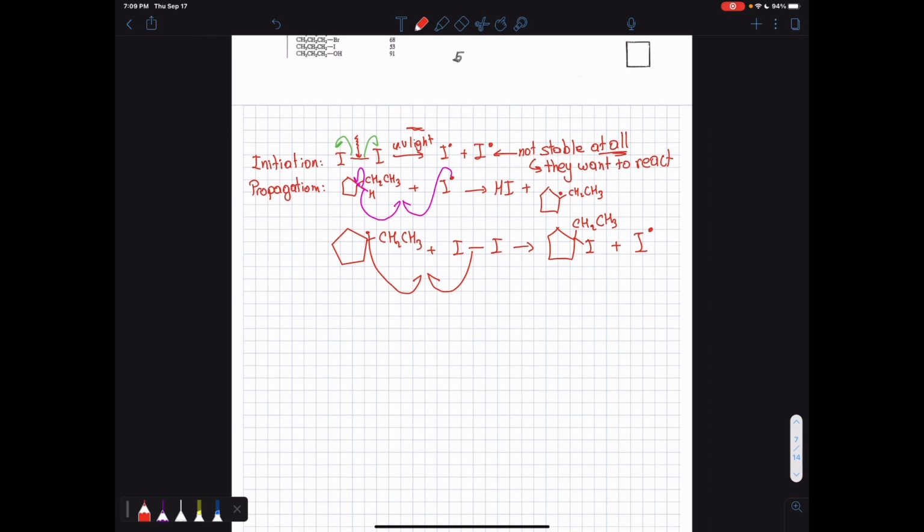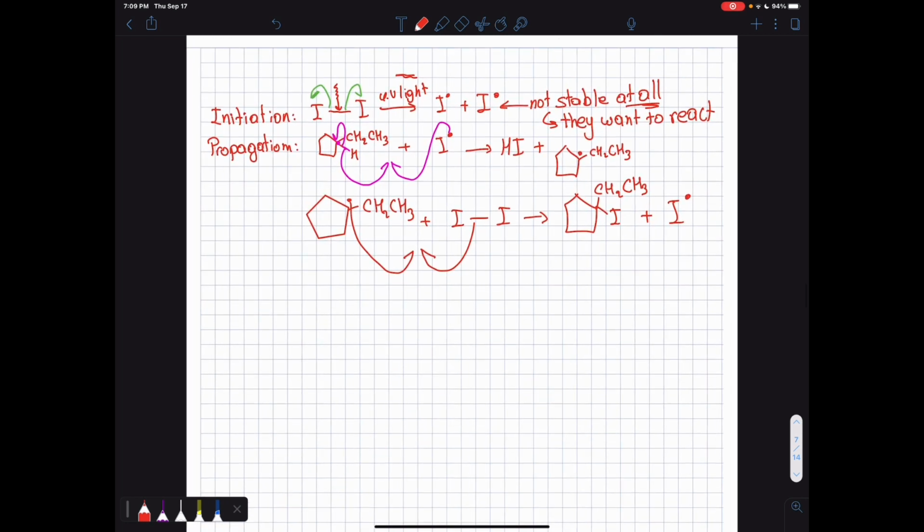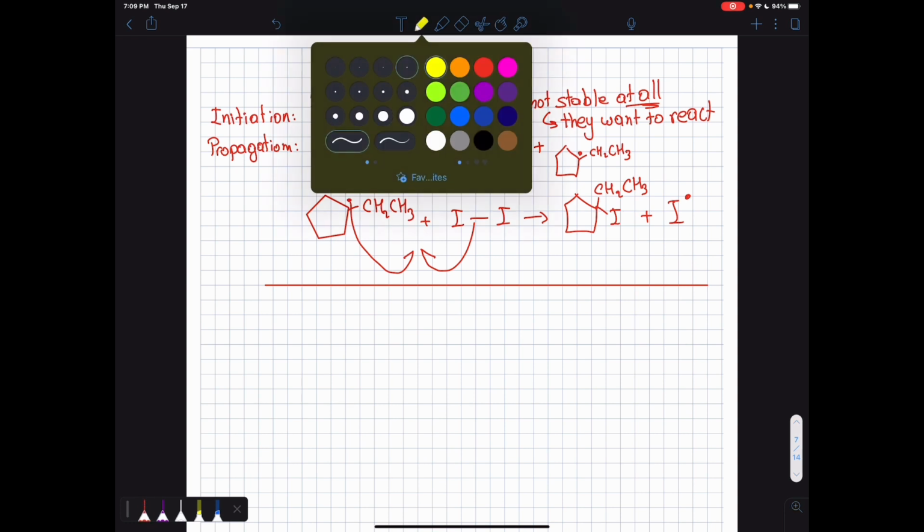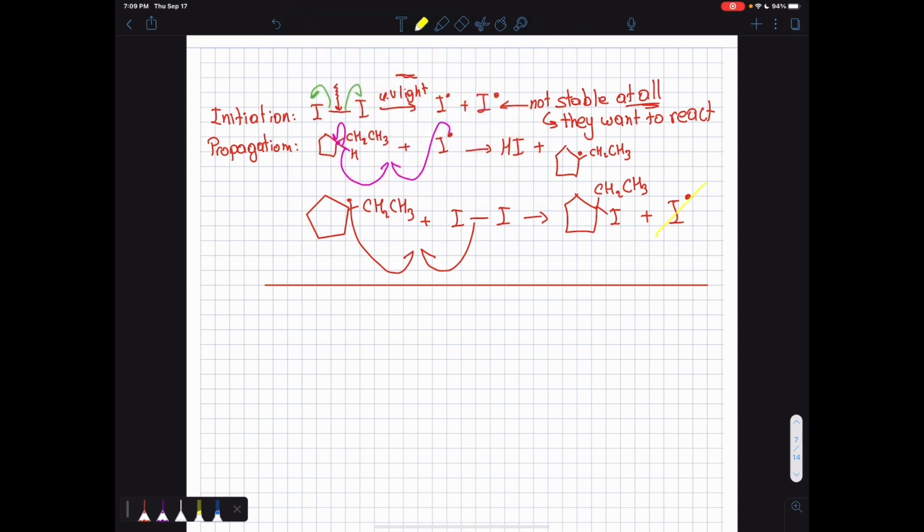So that's pretty much the mechanism for this question. Now, if you notice something, if we go at the end and subtract the reactants from the products or products from reactants as we used to do in general chemistry, you'll notice that we had the radical iodine and the radical iodine, right?